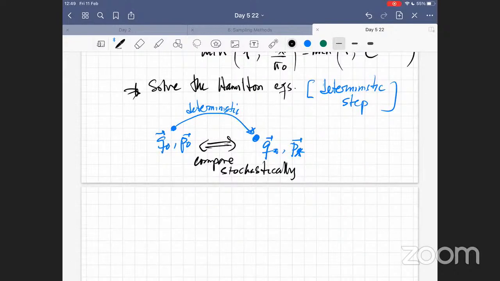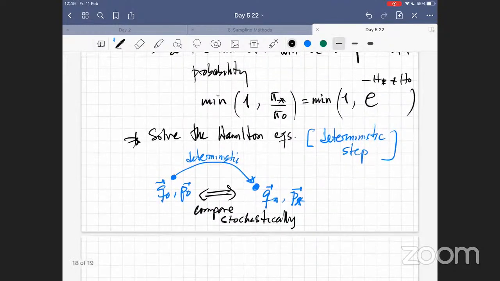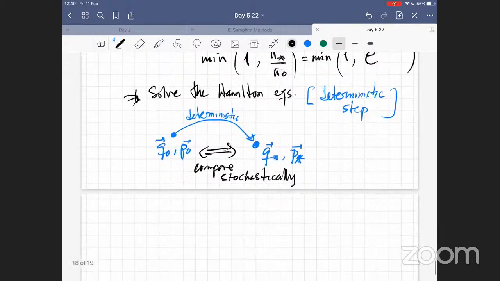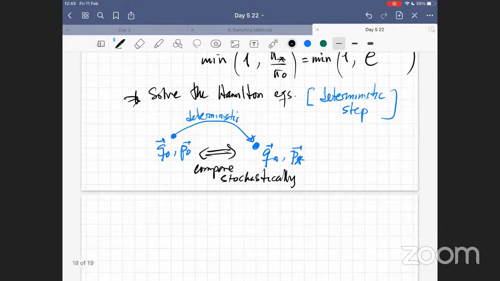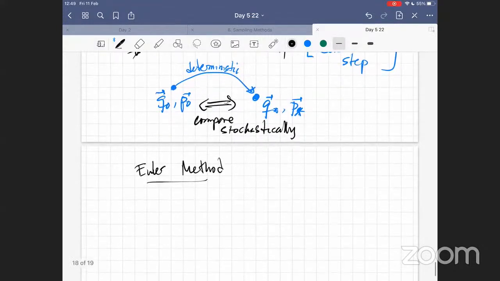Now there are many ways, but this is just a matter of having a numerical method to solve Hamilton's equations. So you could think of the Euler method, which you may also be familiar with. You probably have it in your studies, which is this.